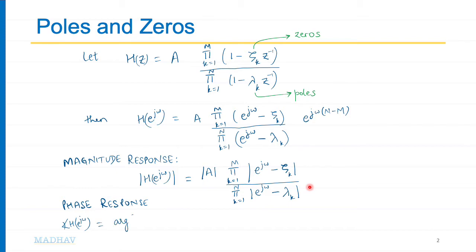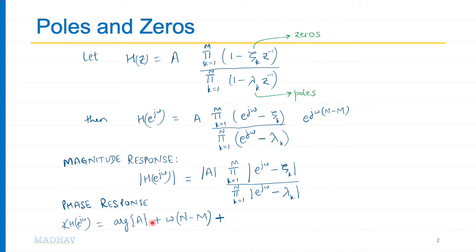How do we find it from our factors? If A is a complex number, then you take the argument of A, plus ω times (N minus M), remember this term. Because these are phases, you have to look at the overall angle of this complex number. All the angles get added and subtracted accordingly.